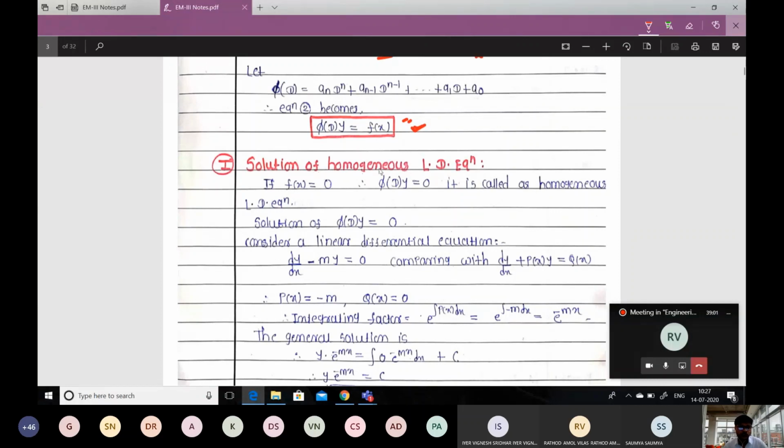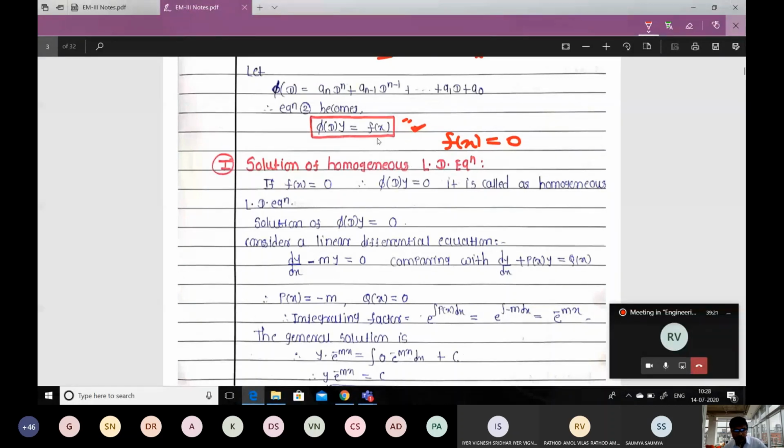Okay, so a solution of a homogeneous linear differential equation. Now, what do we mean by a homogeneous differential equation? If the right hand side, that is f of x, is equal to 0, so we get phi of D y equal to 0, it is called a homogeneous linear differential equation.